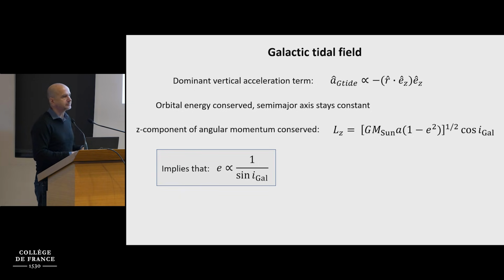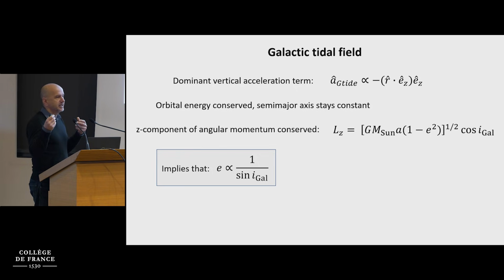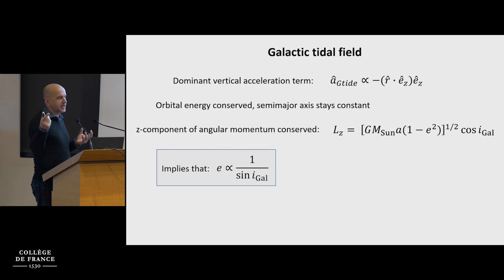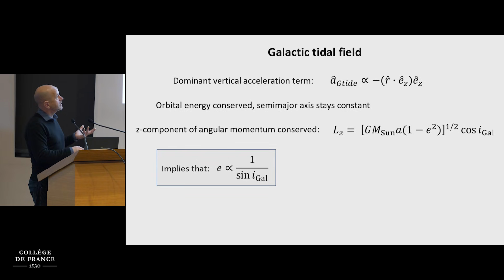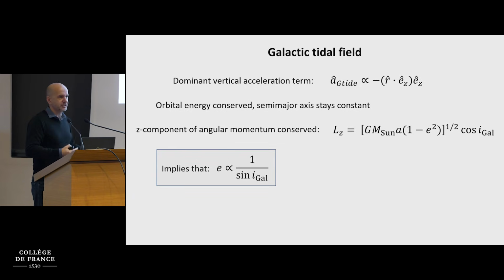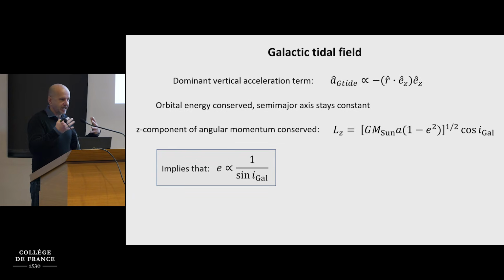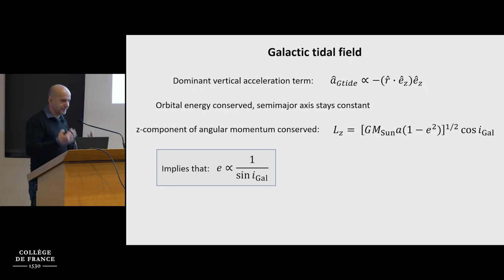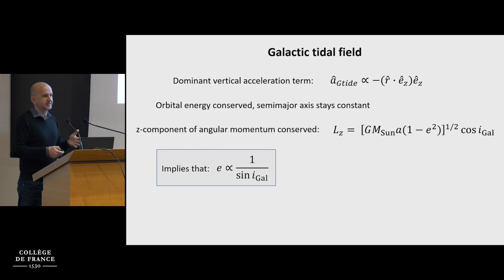For example, say the comet is scattered by Neptune, so it has perihelion distance 30 AU, and is scattered out. Then the galactic tide perhaps can increase the inclination. Why not, right? This will increase, and therefore the eccentricity will decrease. When the eccentricity decreases for a fixed semi-major axis, then the perihelion will increase.